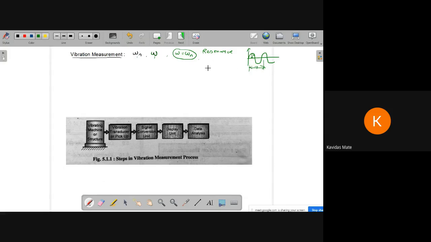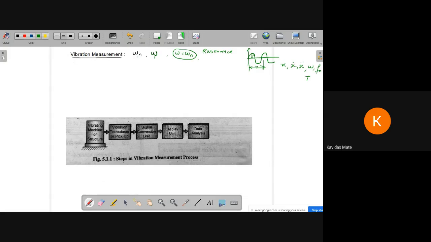We have different parameters in vibrations: x, x dot, x double dot, omega, fn, time period t. Whatever parameter you want to study, we should know it. So vibration measurement becomes an important aspect.